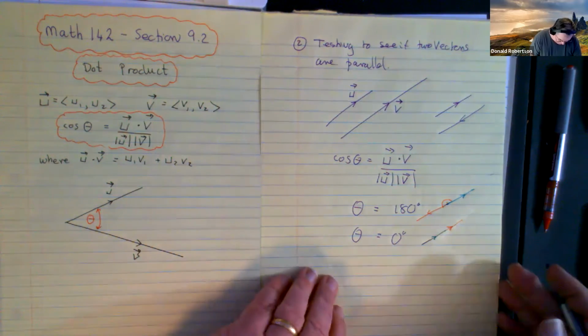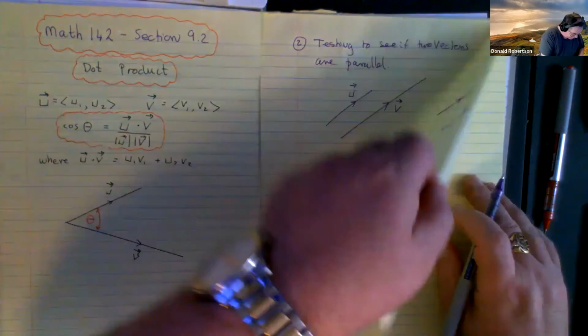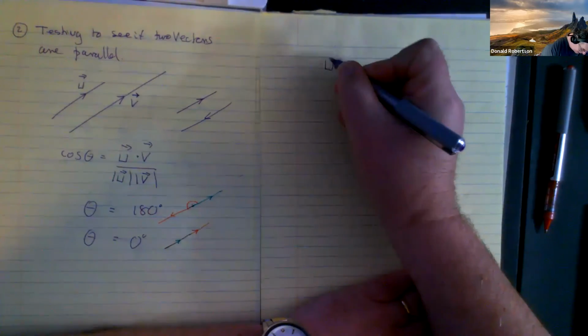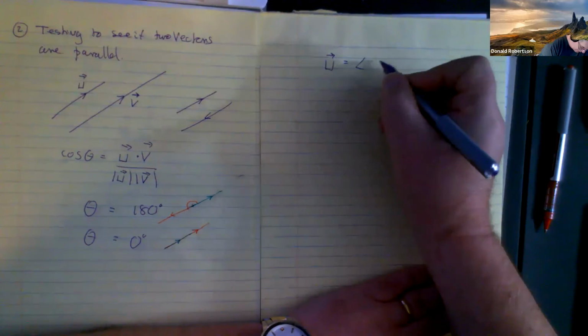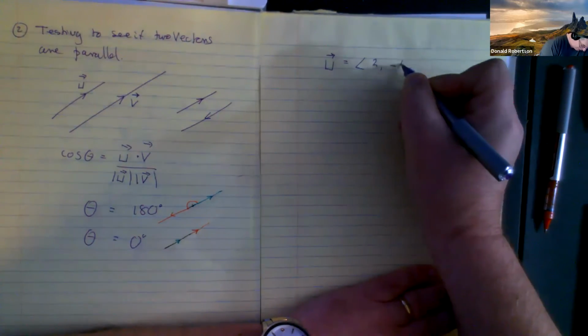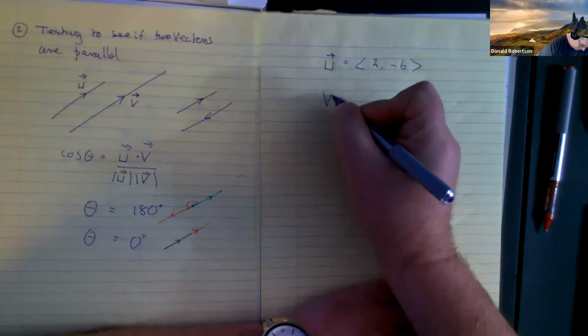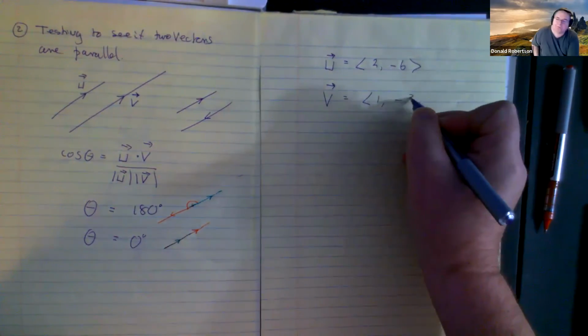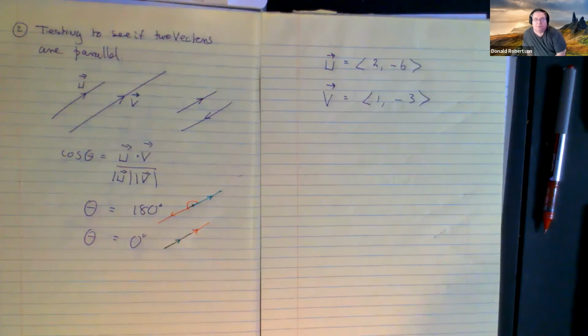So I'm going to do some examples of those and see if we can do it. I have a vector u = (2, -6), and I have a second vector v, which is going to be (1, -3). And I'm going to prove that those 2 vectors are parallel.